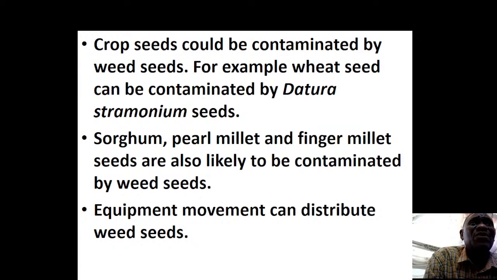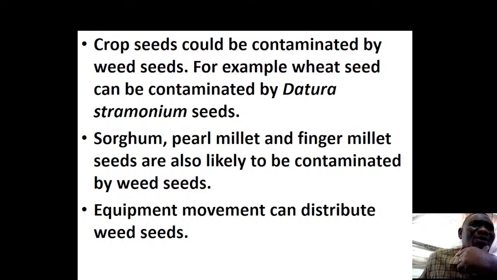Now, crop seeds can be contaminated by weed seeds. For example, wheat seed can be contaminated by Datura stramonium seeds in this country. Sorghum, pearl millet, and finger millet seeds are also contaminated with weed seeds. In fact, farmers do tend to share these crops, and during the process they end up distributing weed seeds.